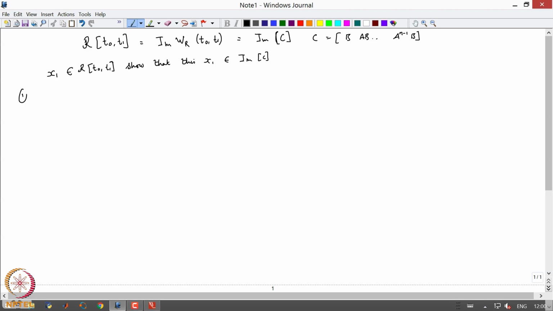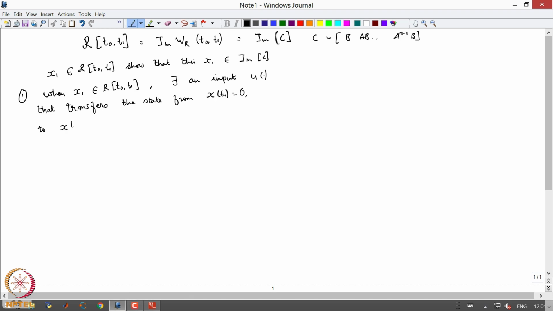Okay, so first to verify this, when x1 is in the reachable subspace, there exists an input u that transfers the state from x at t0, which is the origin, to x at t1, which I call x1.